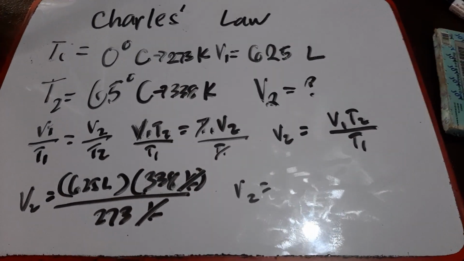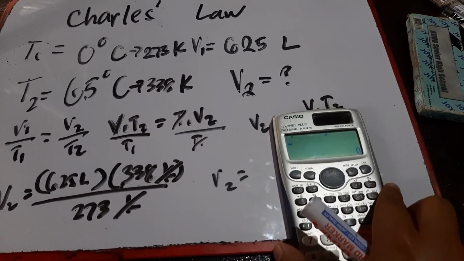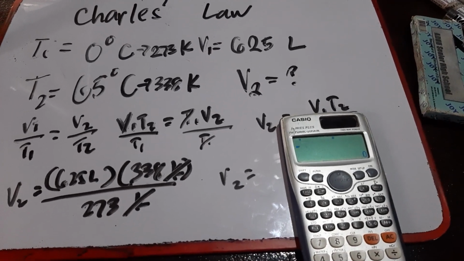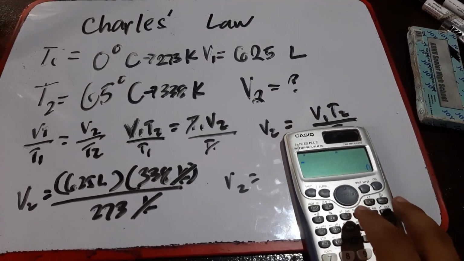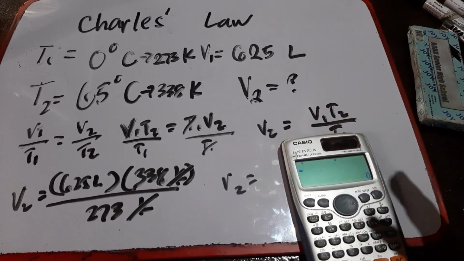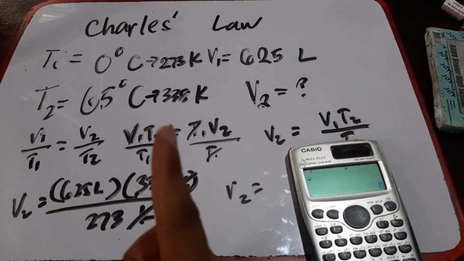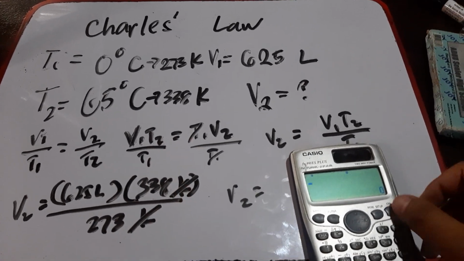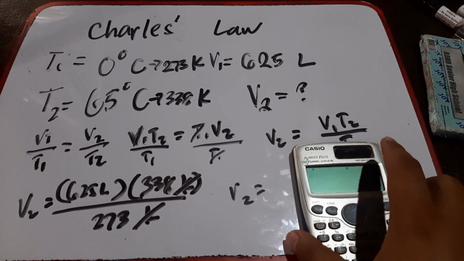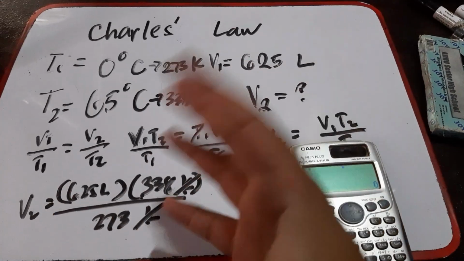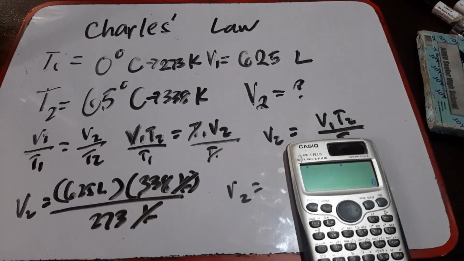So, let's try to input these values in our calculator so that we can check if Charles' law is actually correct. And by the way, Charles' law only works if the pressure is constant and the number of moles of gas involved is constant. So, kanina, Boyle's law, temperature should be constant and N, or the number of moles, should be constant.